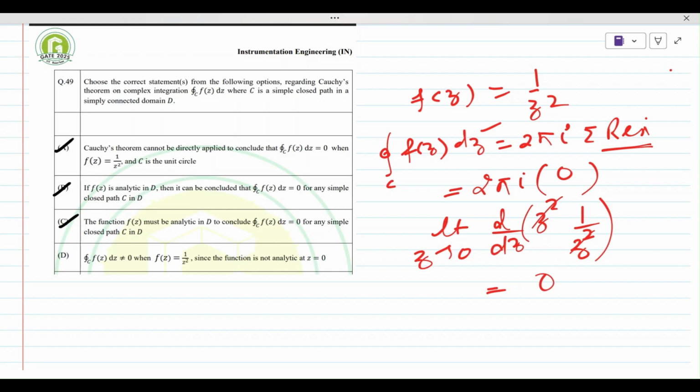That is again correct. The last option says the integral of f of z is not equal to 0 when f of z is equal to z square, since the function is not analytic. Now if A is correct, then D can't be correct, because we already proved that the integral becomes 0 by using the residue theorem. So option D is the wrong option. So according to this, A, B and C, three options, are correct in this question.